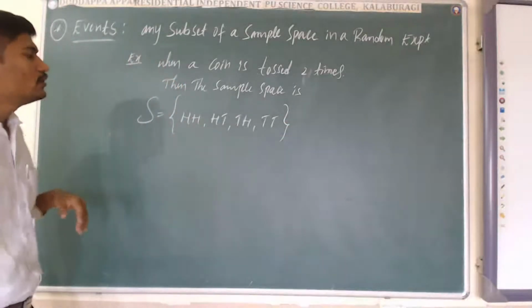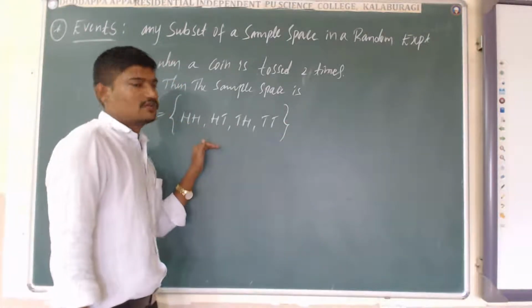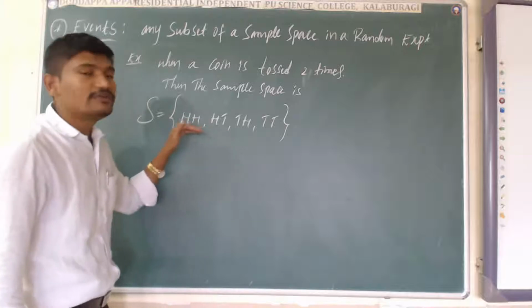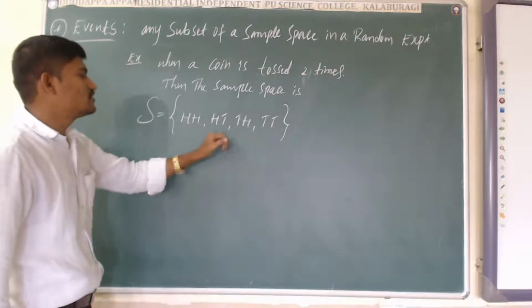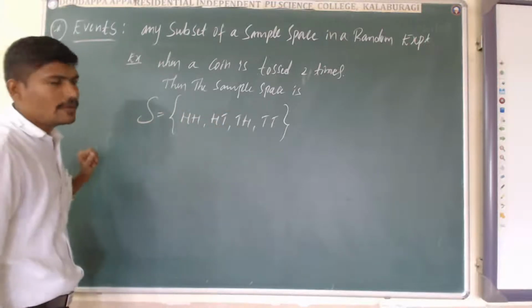Okay, so totally 4 possible results will come here. Totally 4 possible results means HH, HT, TH, TT. This is the sample space.